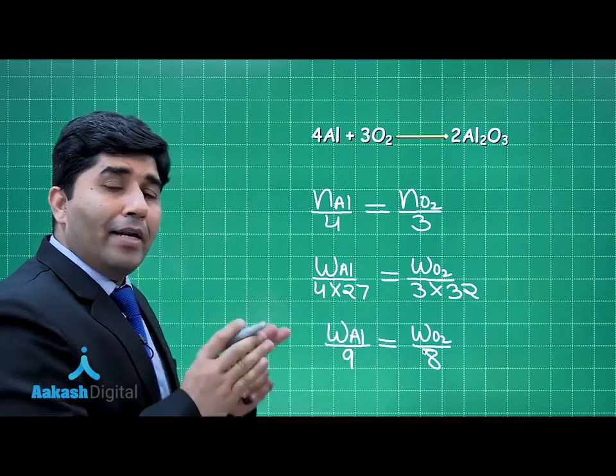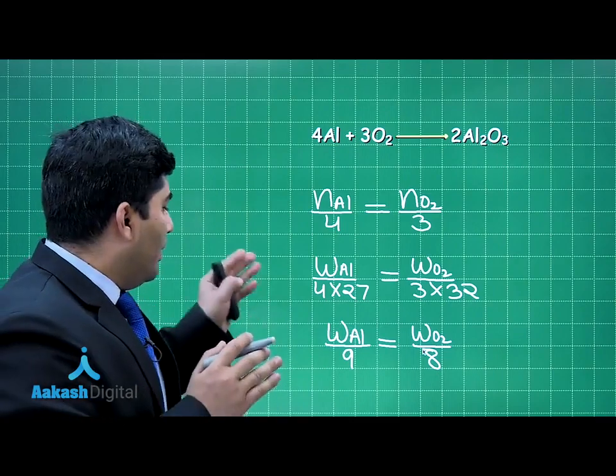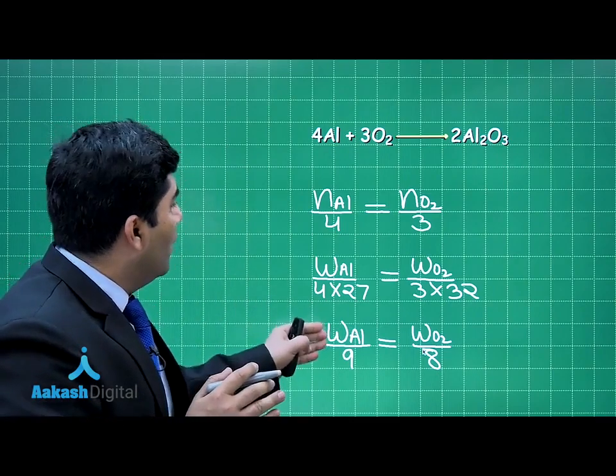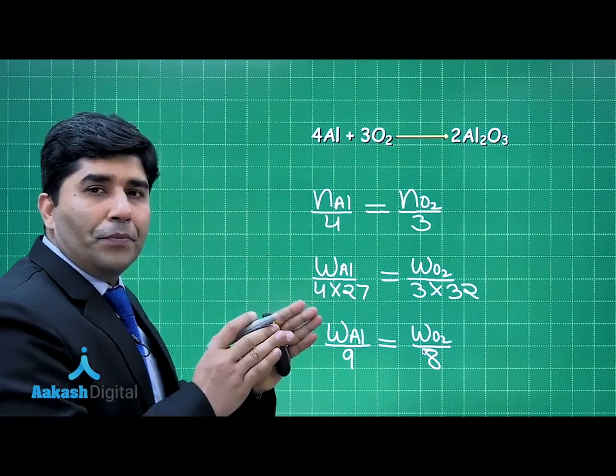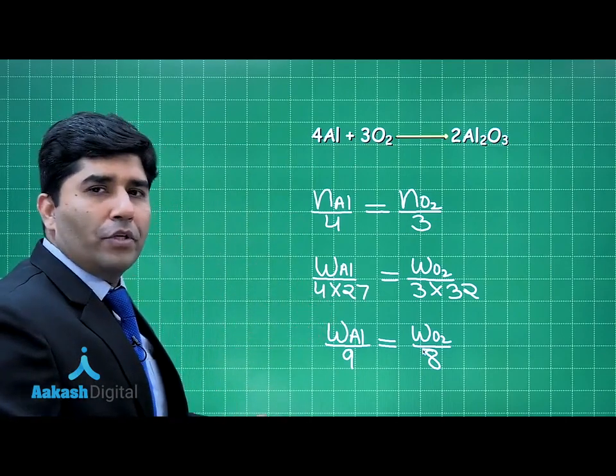So it's proved that the number of gram equivalents of aluminium is equal to the number of gram equivalents of oxygen. Now let's solve a question.